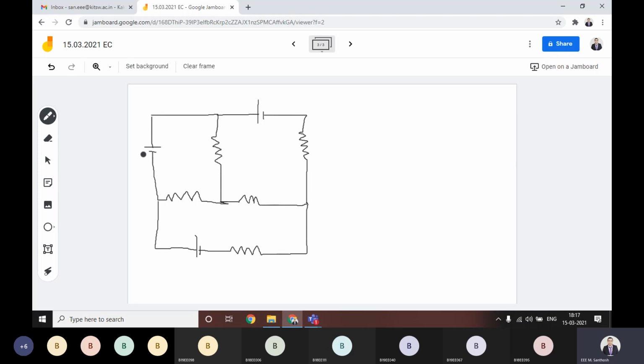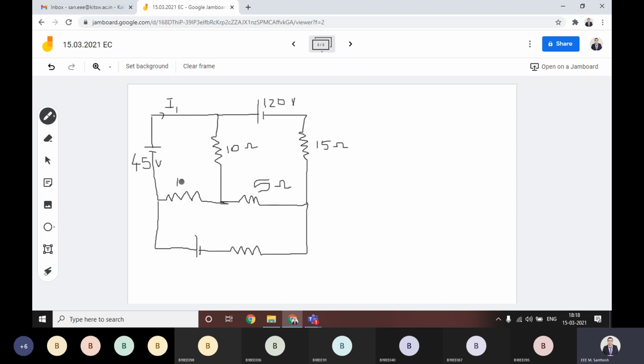Okay, this is the circuit. You have this one as 45 volts, and this is current I1. This is 120 volts, and this is 10 ohm, and this one is 15 ohm. This is 5 ohm.